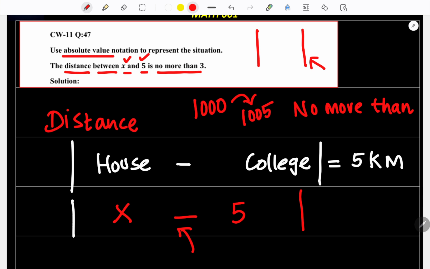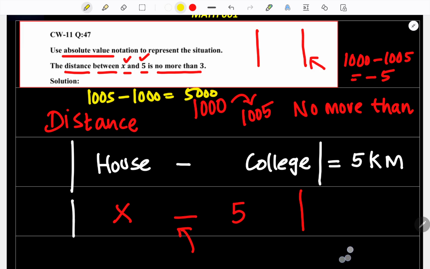You subtract: 1005 minus 1000, you get 5 kilometers. If you do it the other way, 1000 minus 1005, you get minus 5 kilometers. So distance cannot be negative. To avoid this only, we use the absolute value symbol. Absolute value symbol means it avoids negative.